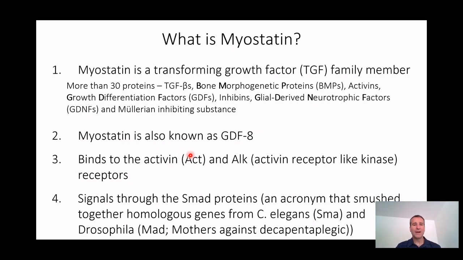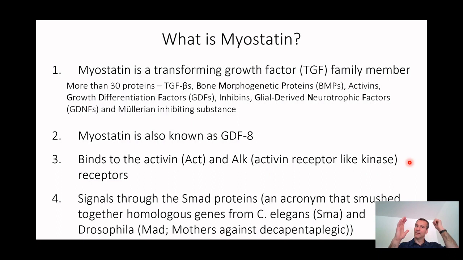All right, so myostatin itself, like all of these TGF-beta family members, works by binding to a receptor kinase, and specifically myostatin binds to an activin receptor called activin receptor 2B, and it also binds to an ALK. So it's an activin receptor-like kinase.